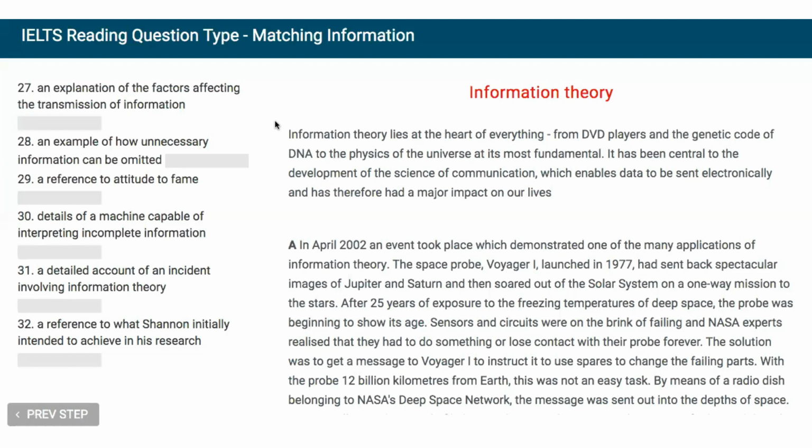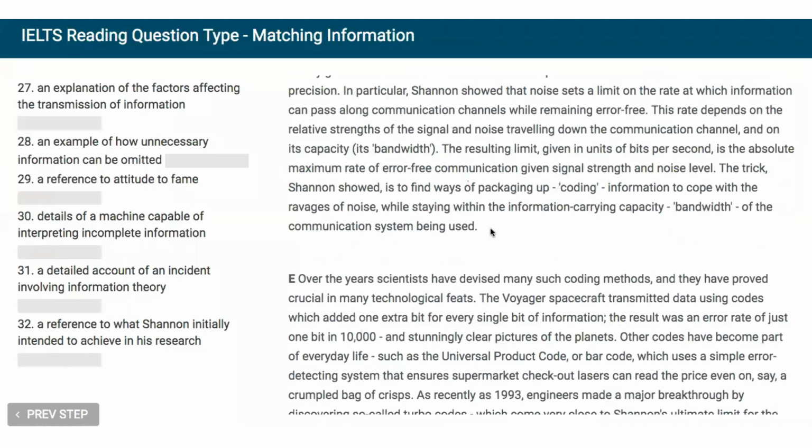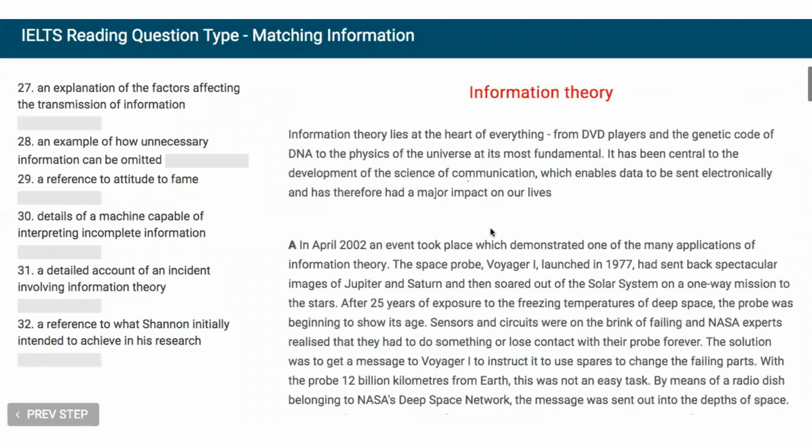First thing I just want to cover is some basic information about this matching information question type. As you'll see here on the left-hand side, we have pieces of information that serve as the question. And here on the right, we have our passage. And let me just show you here. We have our passage separated into paragraphs.